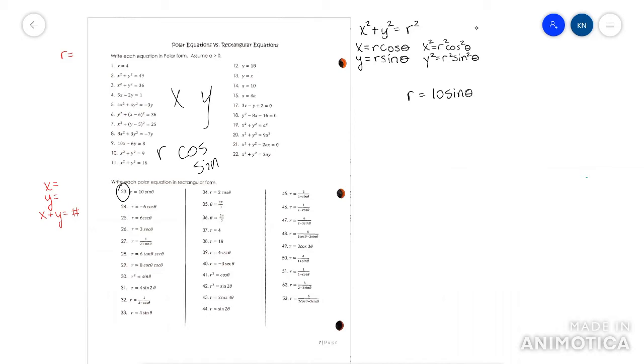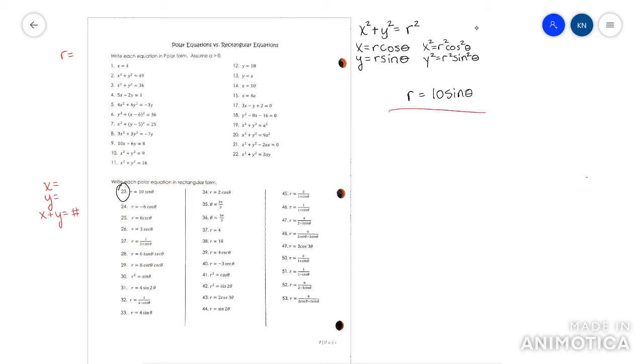Well, it's going to be the opposite now for these. You're going to need to get rid of all the r's, cosines, and sines and replace them with x's and y's. You're still going to use these rules, but now they're going to be a little bit harder to see what to do. So let me show you a couple examples.